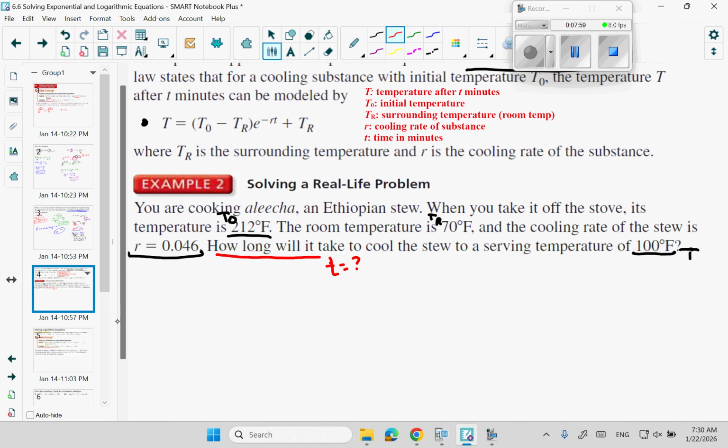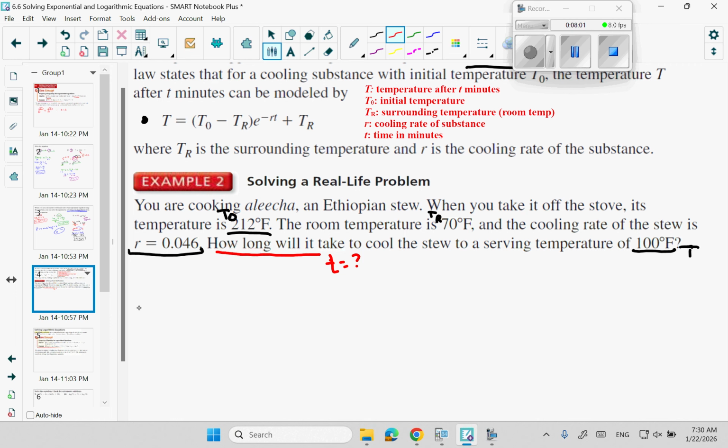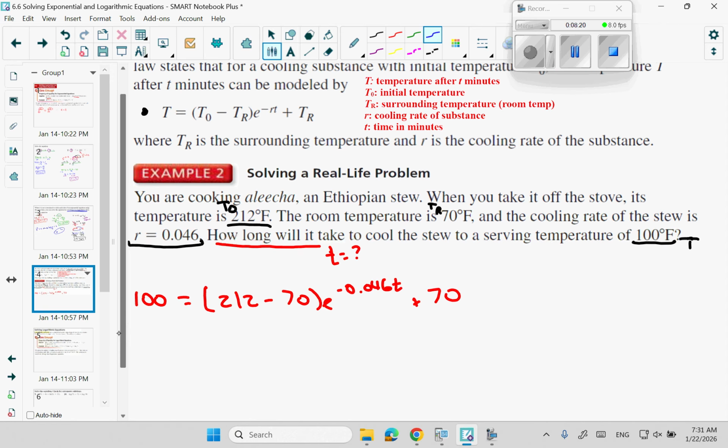So let's plug everything else in. We get 100 equals 212 minus 70 times e to the negative 0.046t, plus 70. Let's simplify what we can.